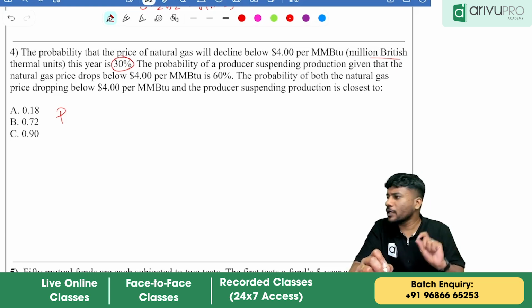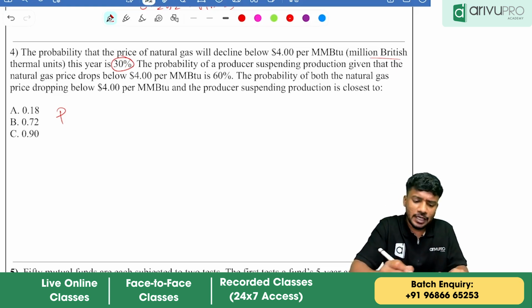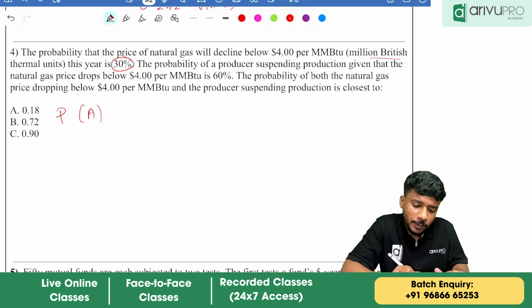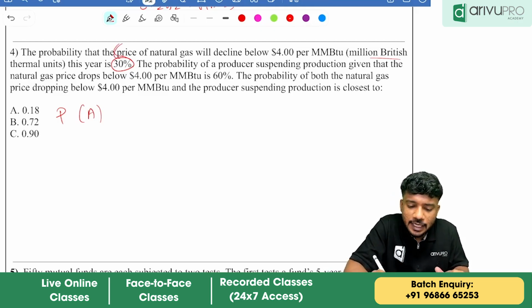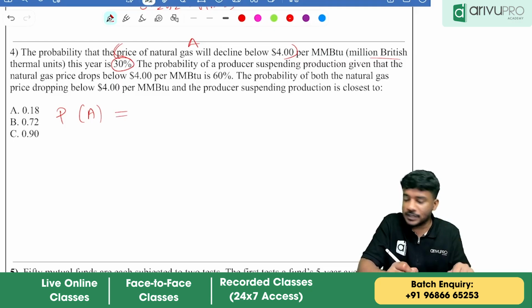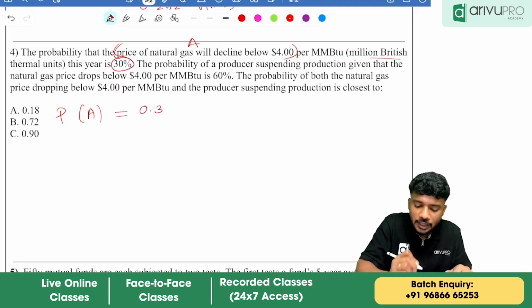That is the given probability. So I can write it as, let it be event A. Event A is price of natural gas going below $4. What is the probability of that particular event? 30% means I can write it as 0.3.